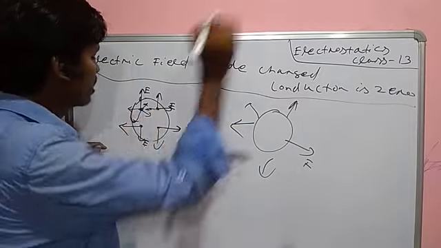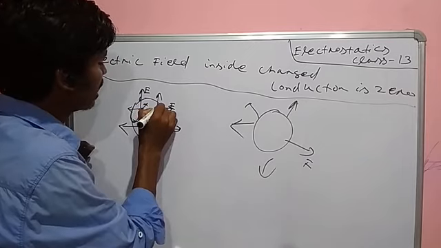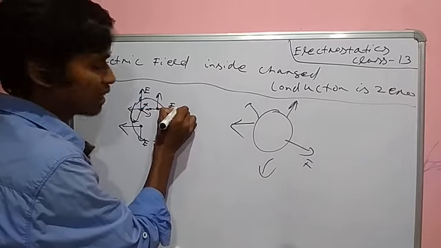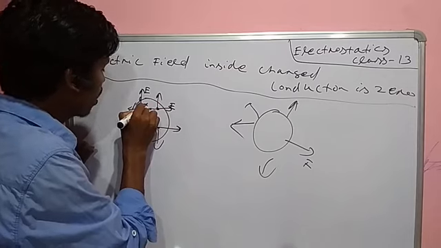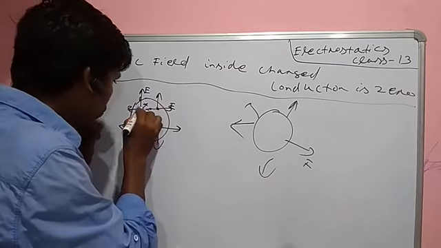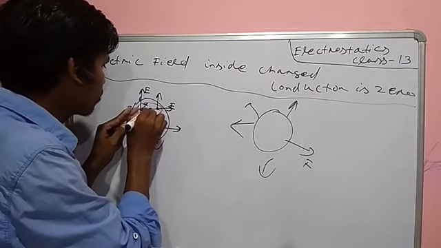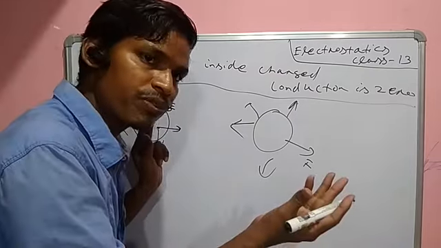Example, in this case, due to this charge the field at this point is in this direction. Due to this charge, the electric field is in this direction. That means, suppose we think of these two protons, the two electric fields cancel each other.